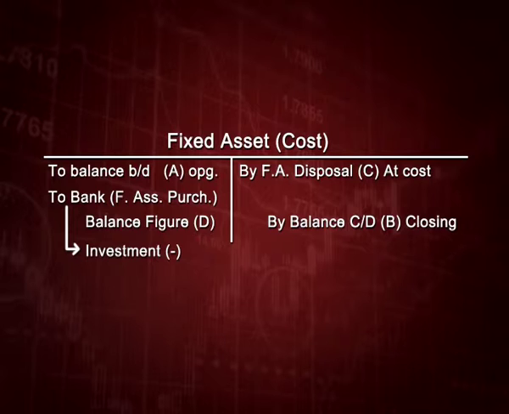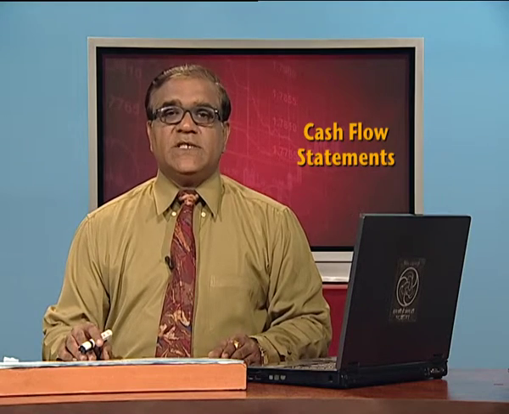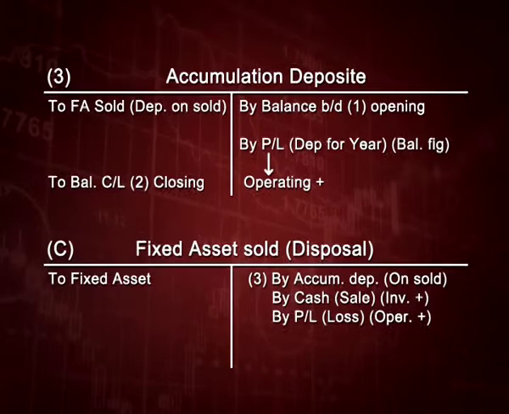Please remember, it should be at cost. Fixed asset disposal at cost, C part, and then you can arrive at D part on the debit side, that is if any asset has been purchased, as a balancing figure. Now, this purchase of asset will go in investing activity and it will be deducted from there. Now, we have to transfer this fixed asset disposal account to the debit side of fixed assets sold account.